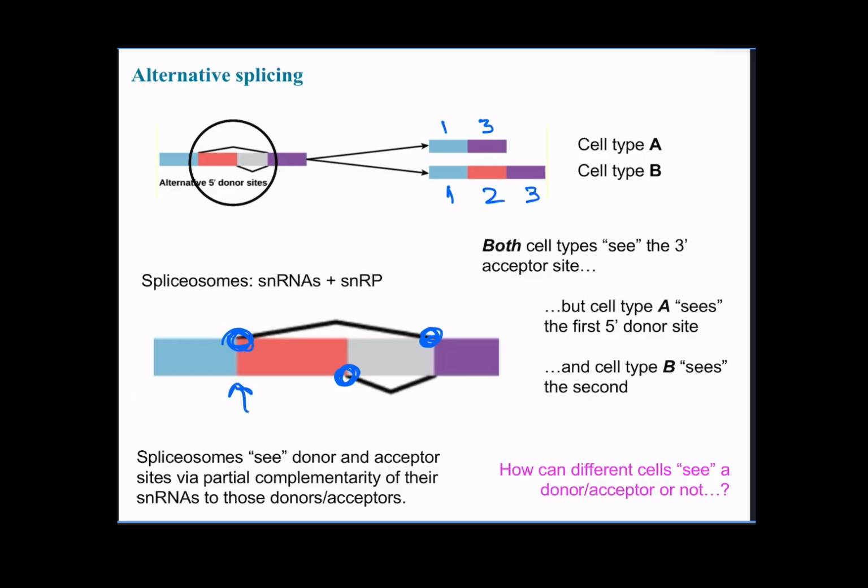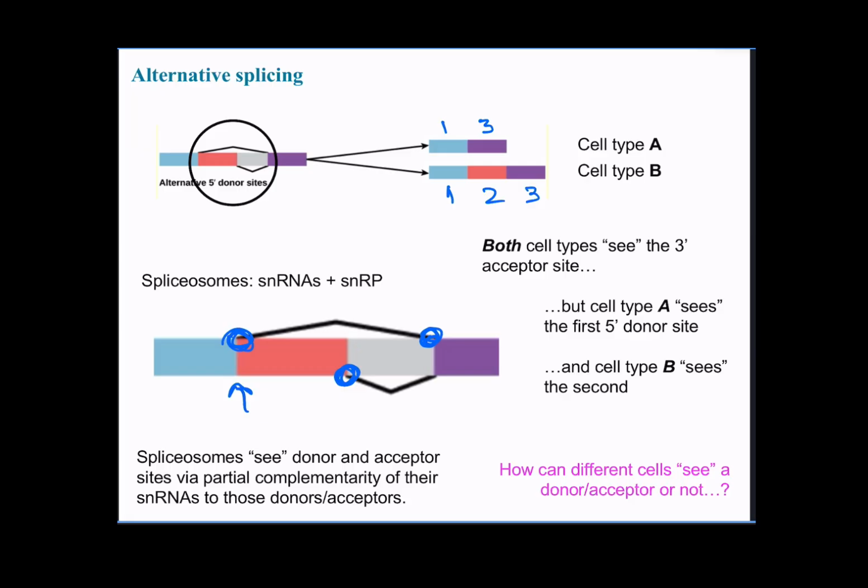When I say a spliceosome sees these sequences, what I really mean is that the spliceosome will contain different snRNAs. You guys remember sn stands for small nuclear RNAs, and these are one of the many non-coding RNAs that get loaded onto the spliceosome, and the spliceosome uses to scan for donor sites and acceptor sites, right?